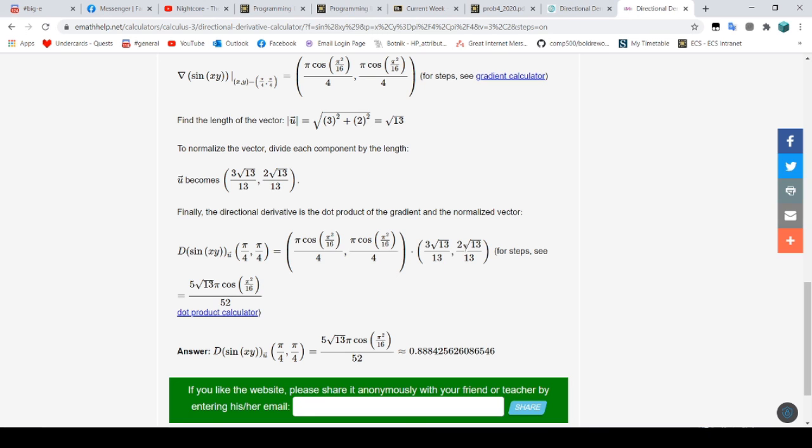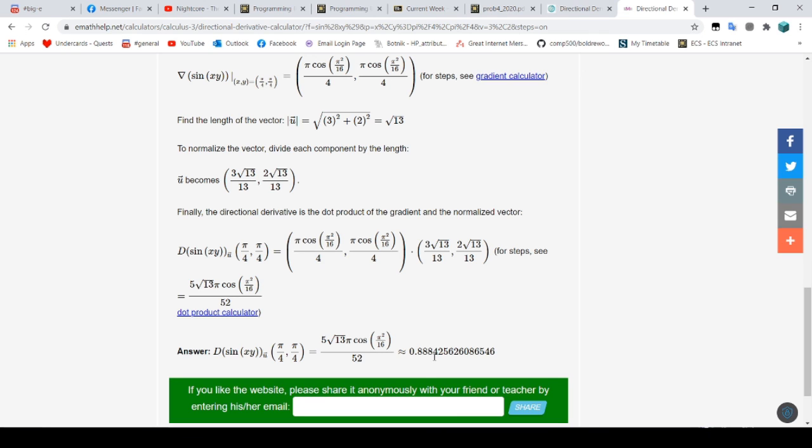So yeah, we still got this. Pi over 4 cos. Yeah, exactly. That's what I did. So you times this by this by this, and you add them together.